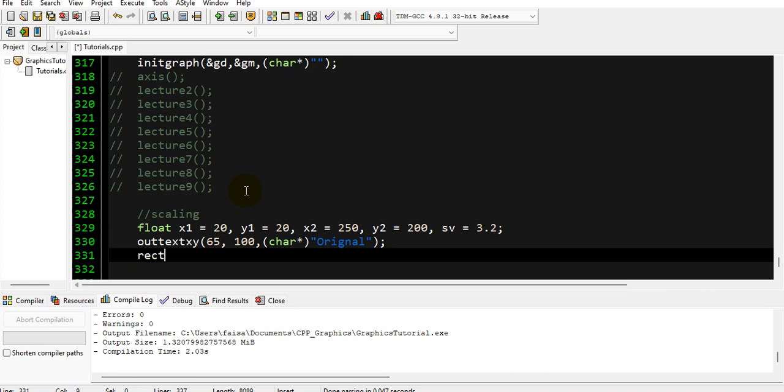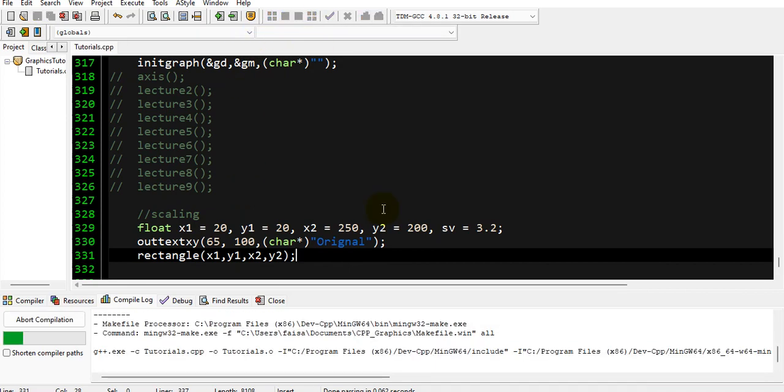Then I am going to draw a rectangle, and it will be x1, y1, then x2 and y2, right? So this will be our original rectangle, and let us see it first.